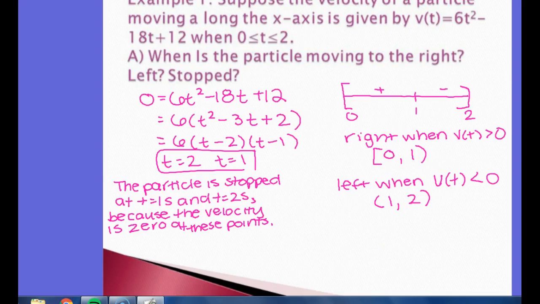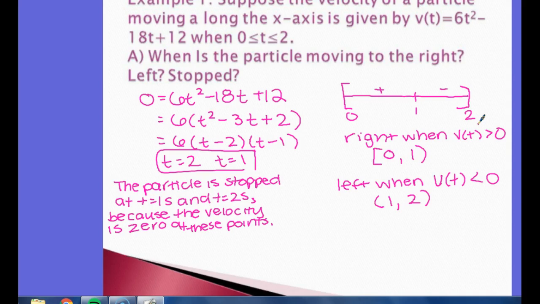Why is this now so important? When is velocity negative? Between 1 and 2. So to find the total distance, I have to add from 0 to 1, and I have to subtract from 1 to 2.